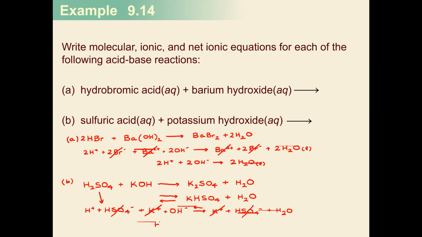So for just this half of the reaction, we would end up getting H plus OH minus going and forming our H2O. If we were to continue this further and look at my HSO4 1 minus, notice that it would not split up and we would have to treat it as a weak acid.